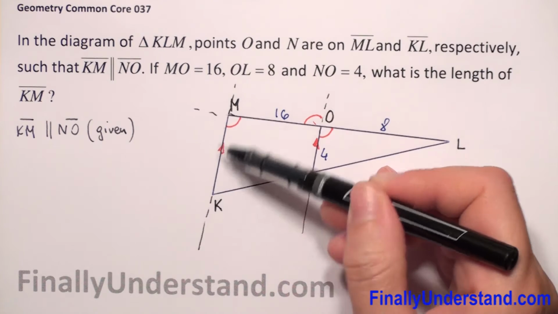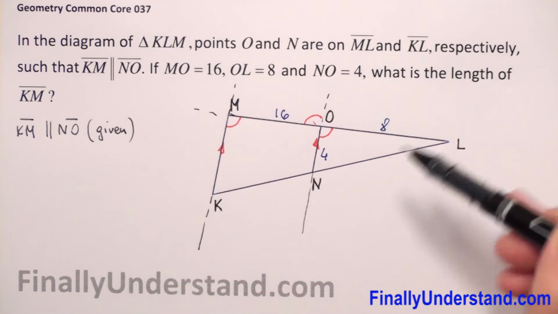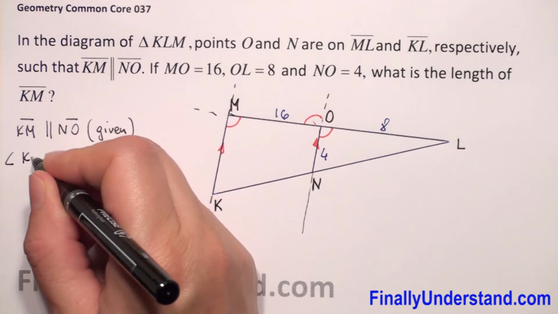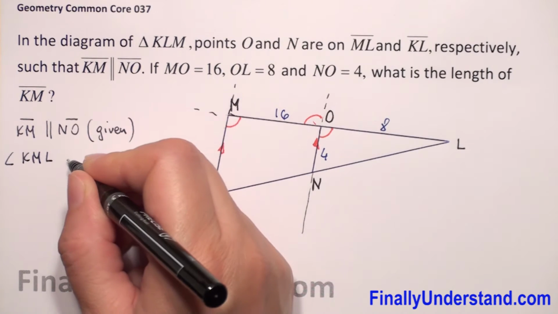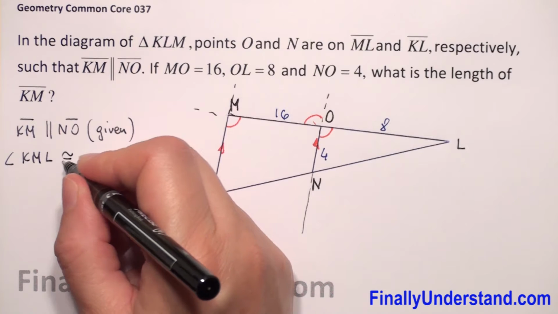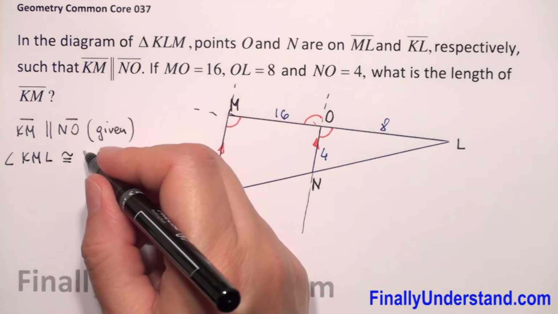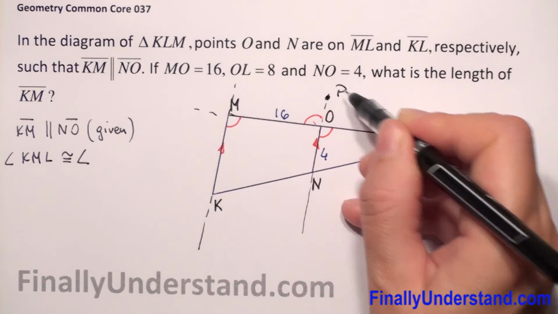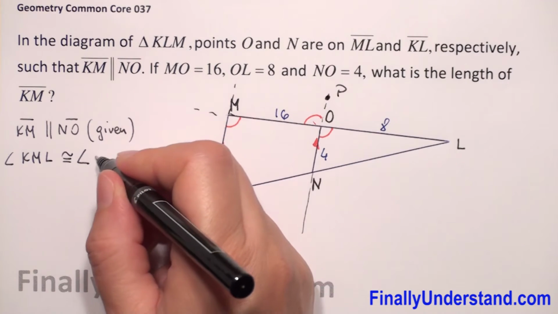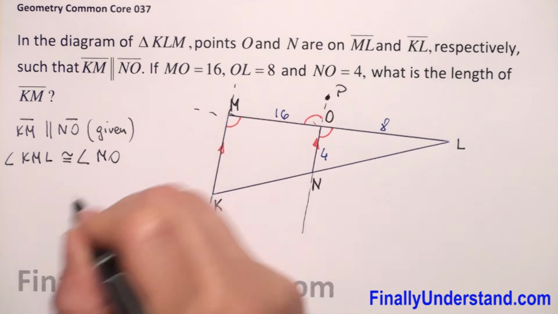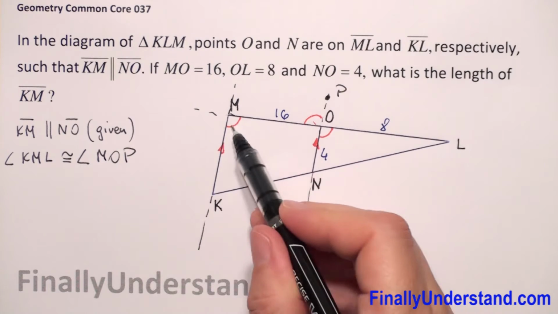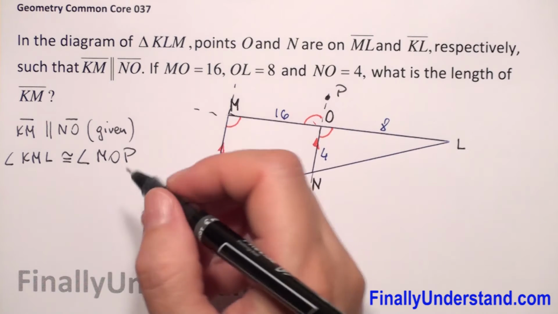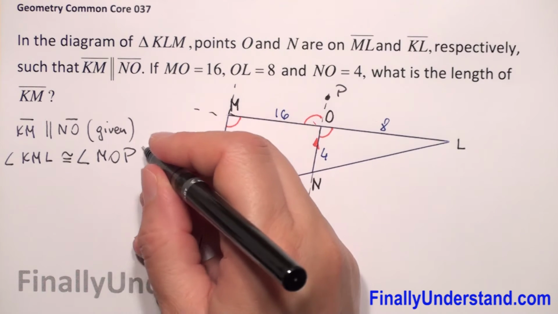So angle KML is congruent to angle, let's put here that we have point P, angle MOP. These two angles, like I said, are congruent. They are alternate interior angles.